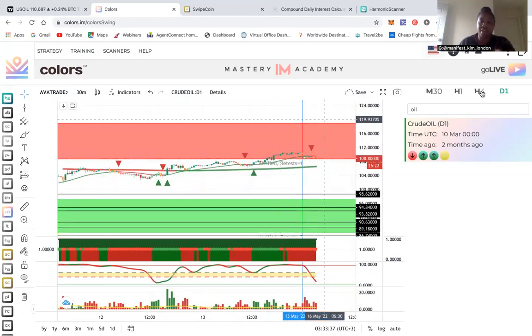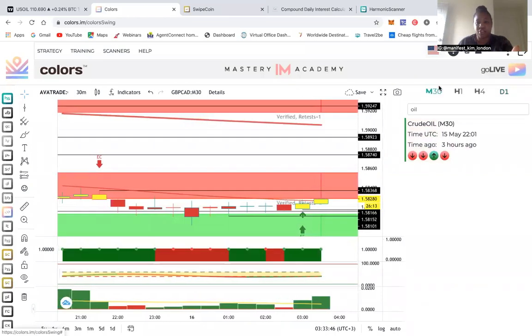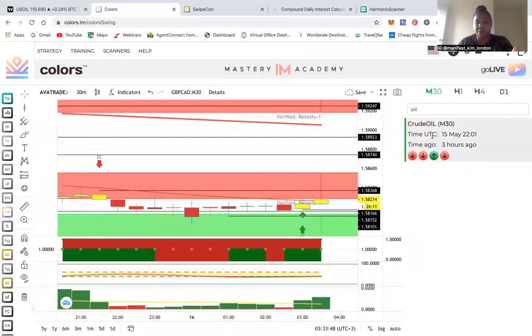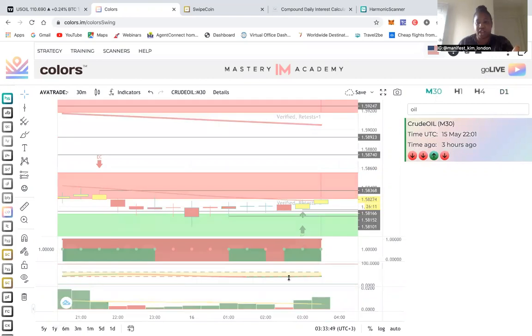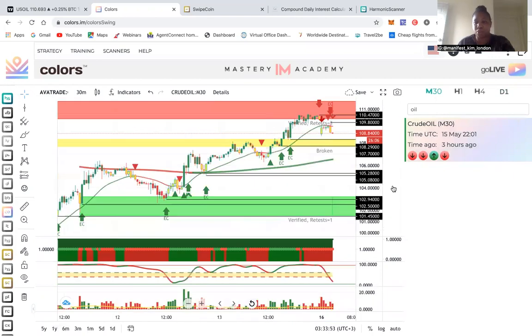Now let's say I didn't want to get in on the day or use a day volume, I could have easily come down here on the structure, right? Right here on the structure, the time frame over here on the 30, and say I want to get in on the 30 itself and not even drop down to no time frame. I could do that. Once the colors line up, I just get into the trade.